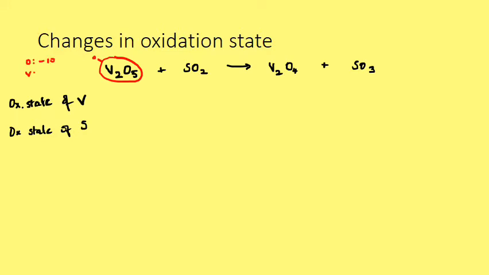That means the vanadium has to be +10, but there are 2 of them, so one vanadium is going to be +5. Let's write in +5 as the oxidation state of vanadium in vanadium 5 oxide.